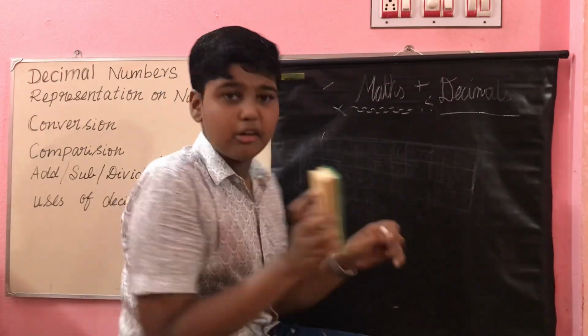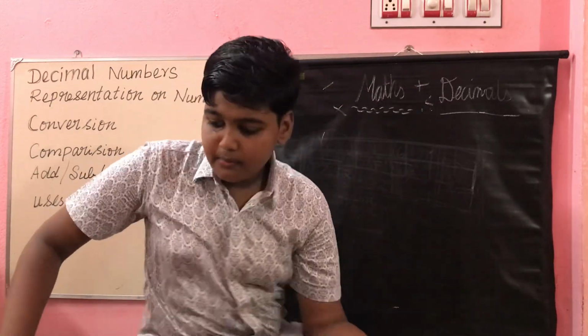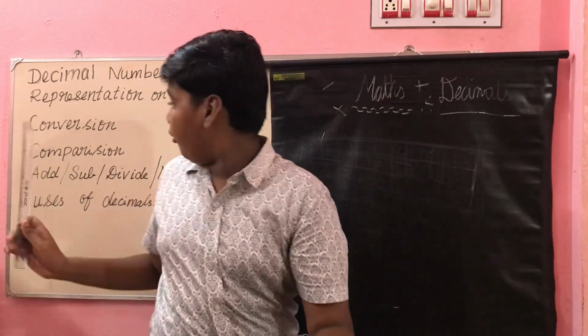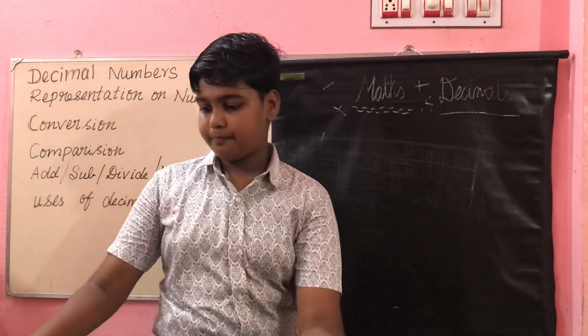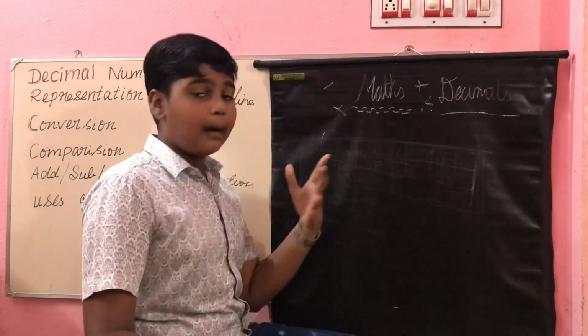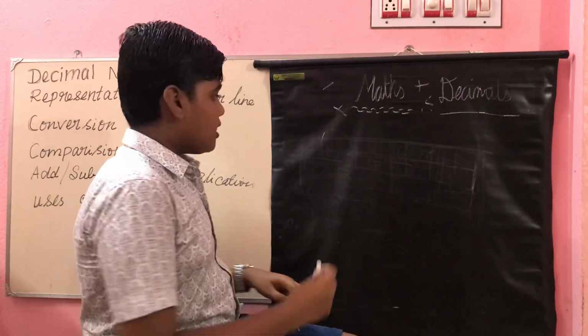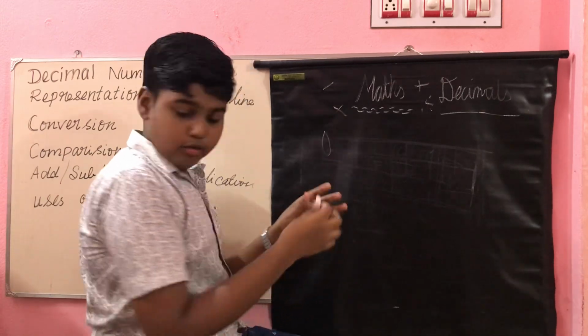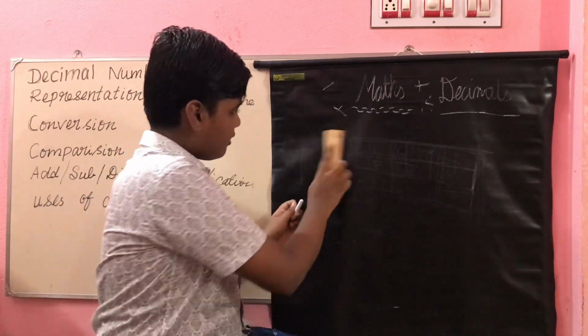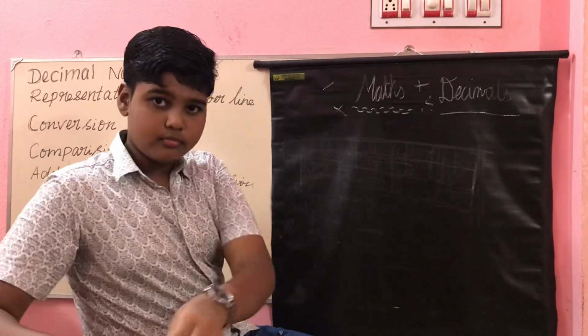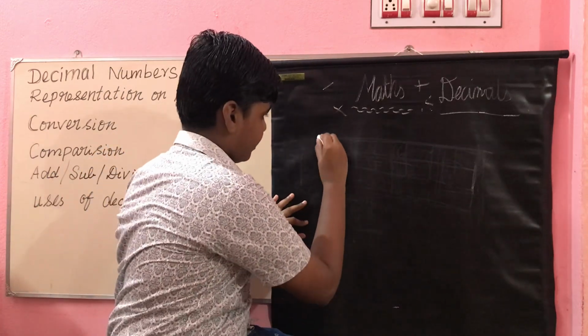So now we know how to convert the decimal numbers. Okay. Now we are going to learn about comparison. So how to compare two decimal numbers. So I'm going to write three questions. Just wait a minute. So 3 decimal numbers are here.